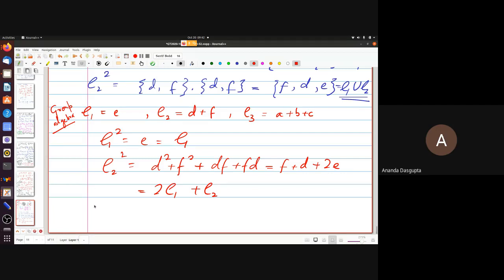So we have a few more multiplications to go. C3 square is going to be, okay, what is C3 square? C3 is this one, A plus B plus C. So what is C3 square?